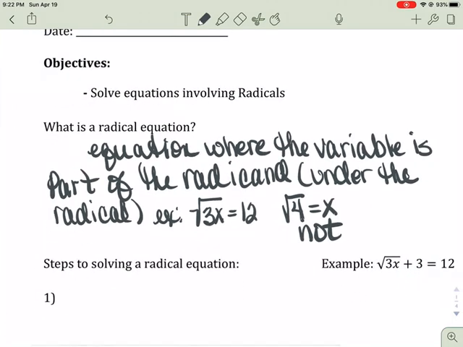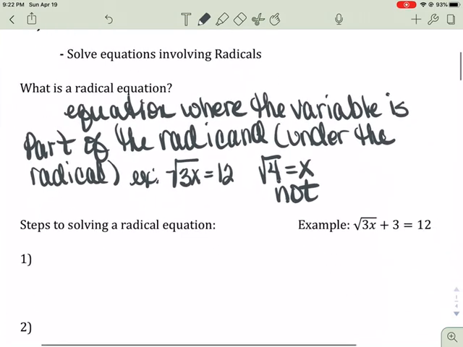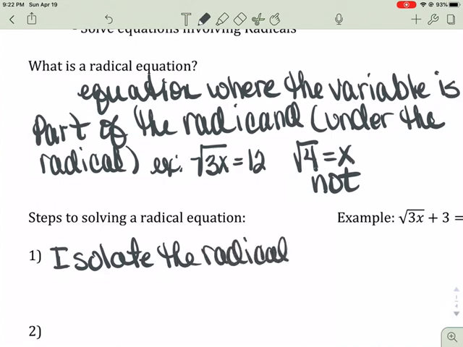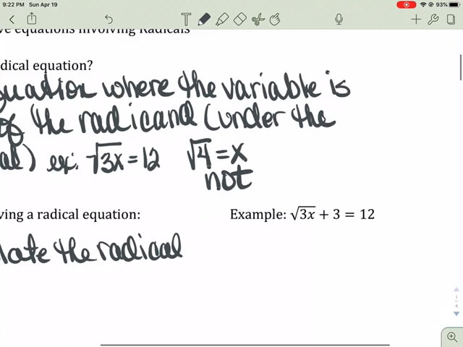All right, so we have some steps to help us solve the radical equation. We have an example here: the square root of 3x, then add 3, equals 12. So our first step is always to isolate the radical. Okay, so we want that radical to be completely by itself.